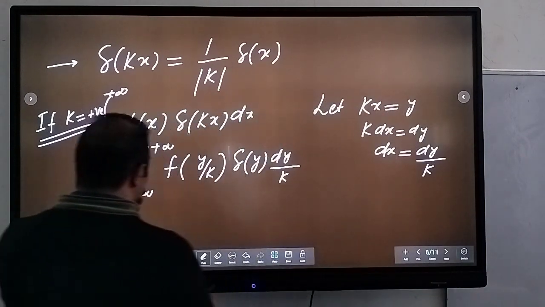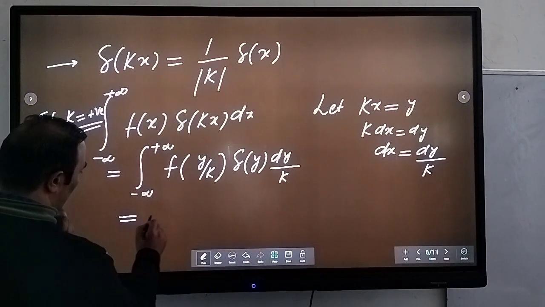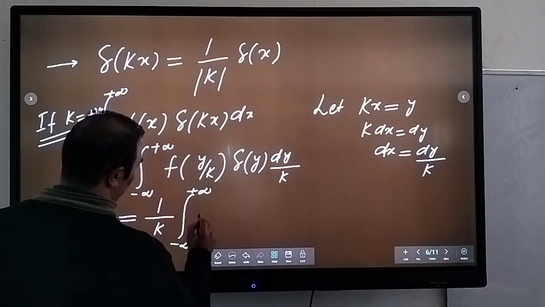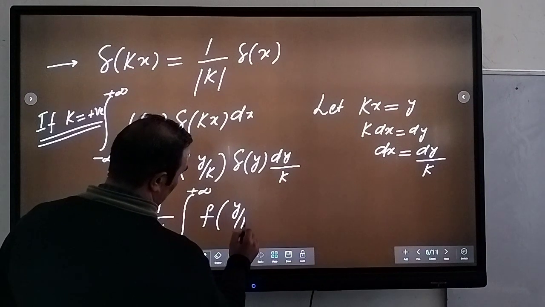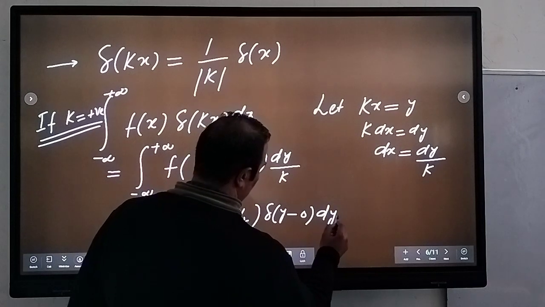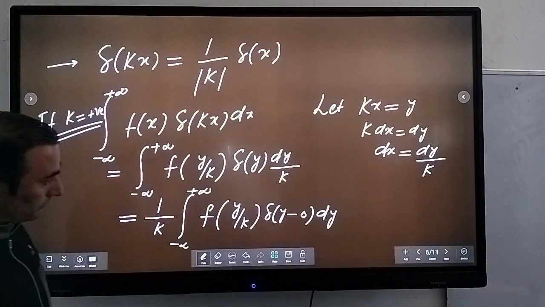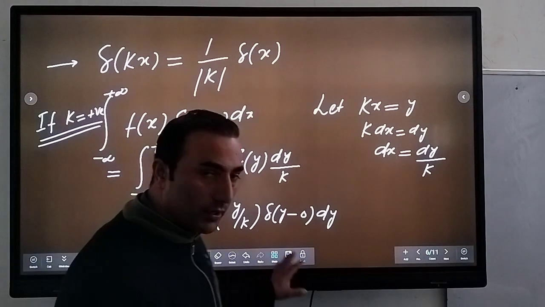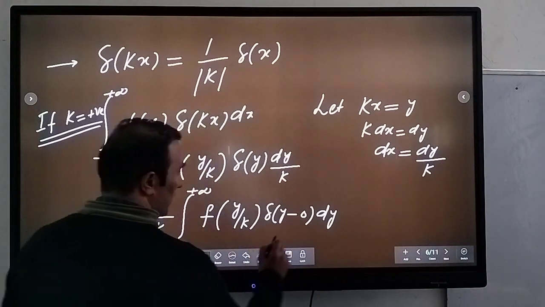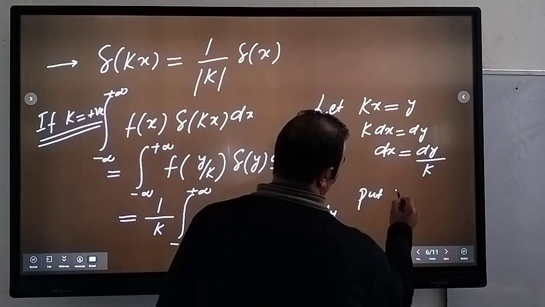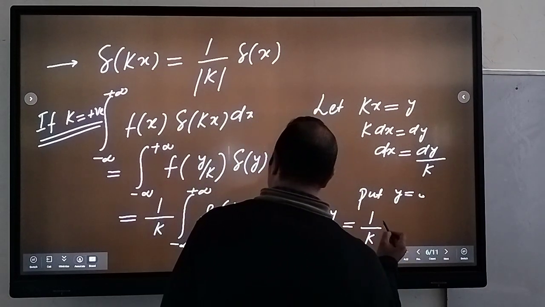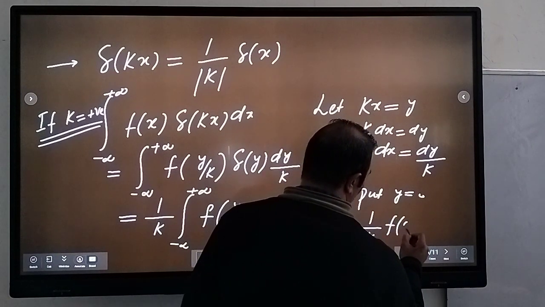Now you can rewrite this as 1 upon k, integral from minus infinity to plus infinity. So if you put y equal to 0 here, our value will be equal to 1 by k times f of 0.